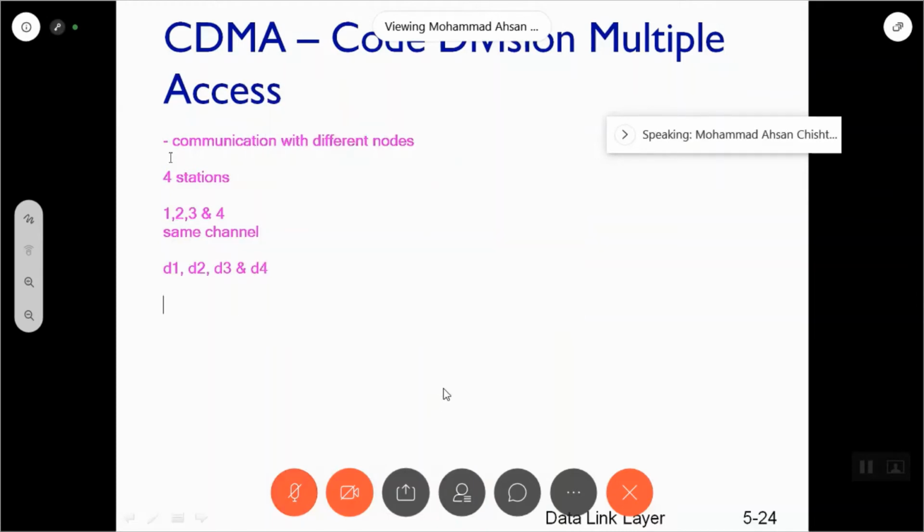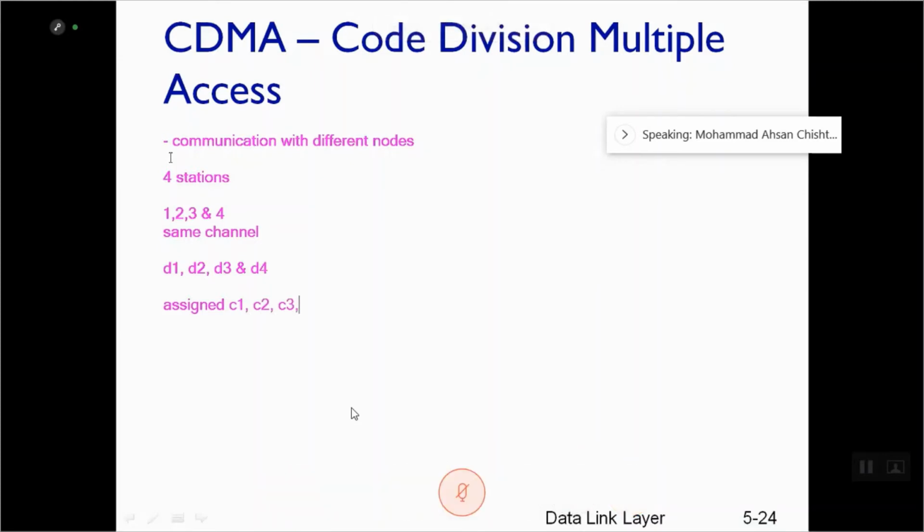Each of the stations has been assigned C1, C2, C3, and C4. And what is this? This is a unique code. C1 is of the first station and it's unique to it, and it's different from C2, which is of the second. And they have two properties of codes.